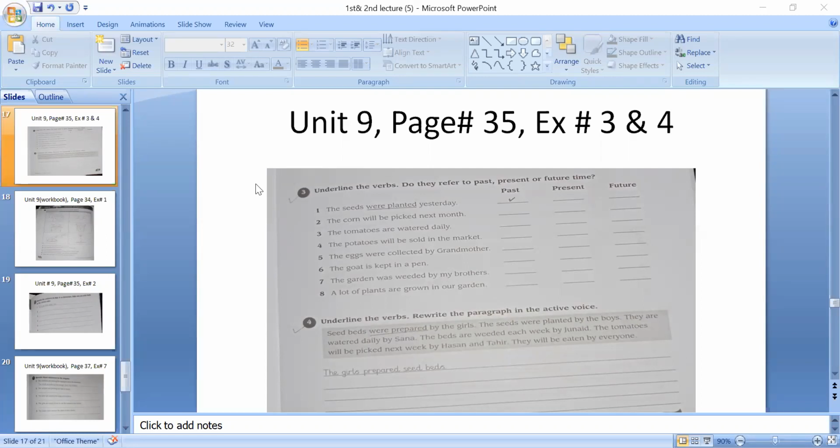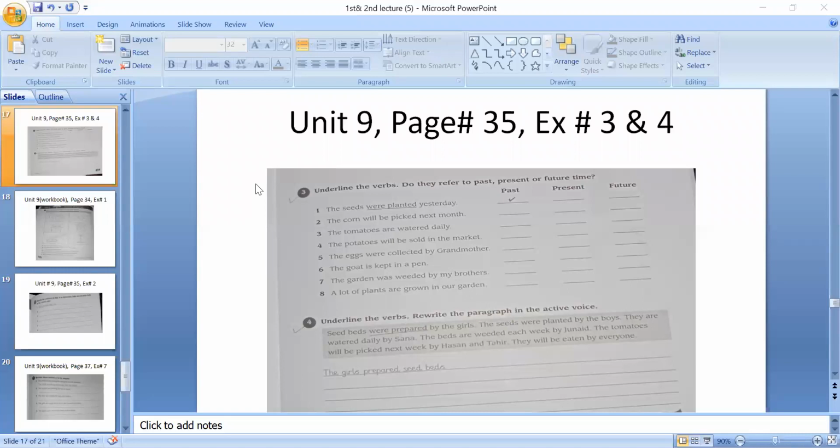Now Yashad, I'm going to ask you about sentence number 5 and 6. Yashad will be telling about sentence number 5 and 6. Yes, Yashad.